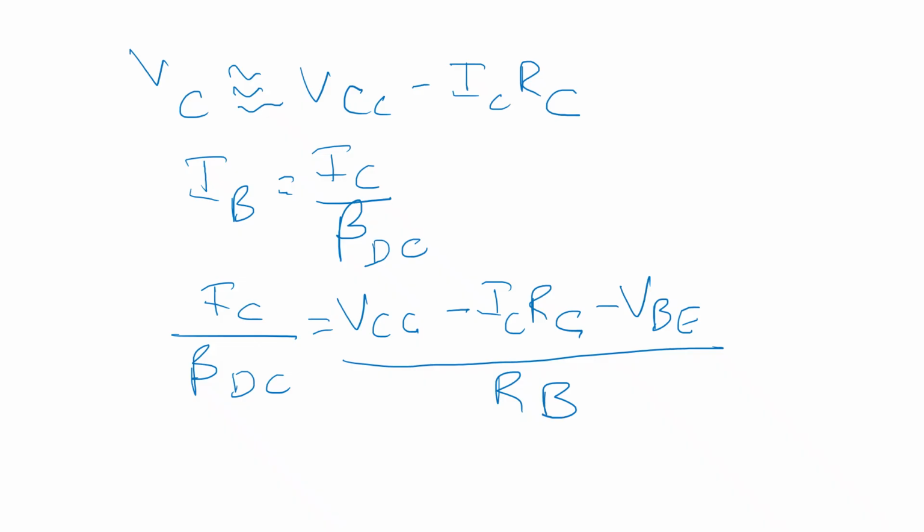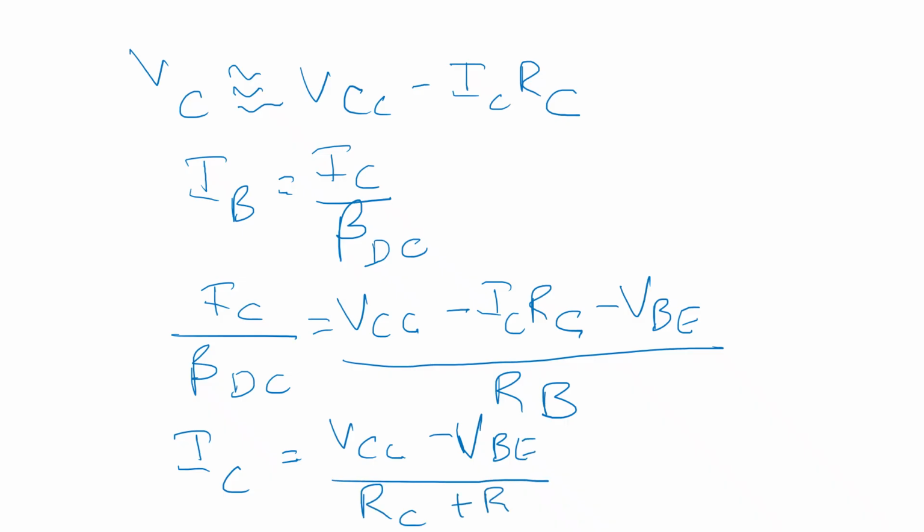Then we can solve for IC, where the IC value will be equal to VCC minus VBE divided by RC plus RB divided by beta DC.